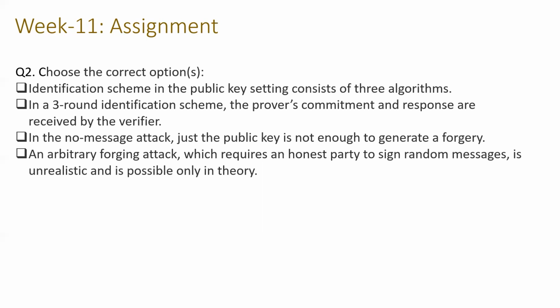Now you compute sigma 1 times sigma 2, which gives you a valid signature corresponding to M1 M2, which is nothing but M. That is how you can generate a valid signature on any given message M using access to the signing oracle. This is an arbitrary forging attack, which is indeed possible. So the fourth statement is wrong because it says that the attack is unrealistic.